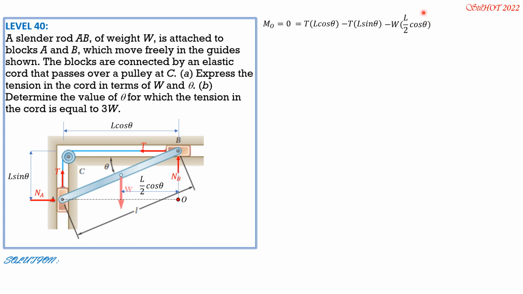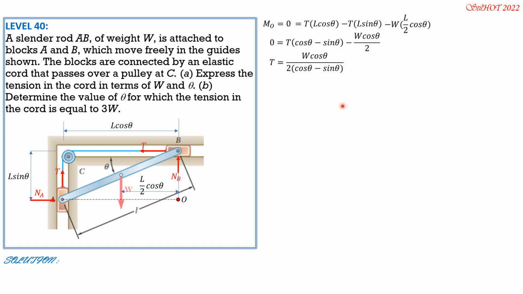So cancel out L, or divide everything by L, then factor out T for the first two terms. So 0 equals T times the quantity cosine theta minus sine theta, minus W cosine theta over 2. So therefore, T is W cosine theta over 2 divided by the quantity cosine theta minus sine theta.